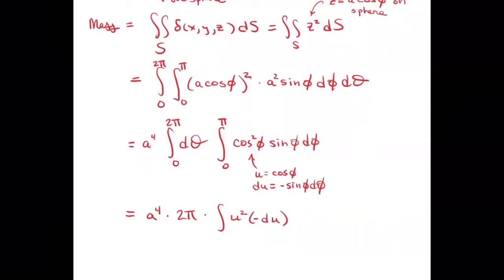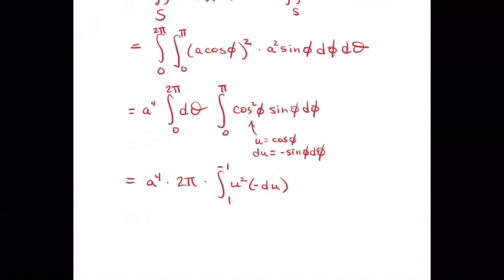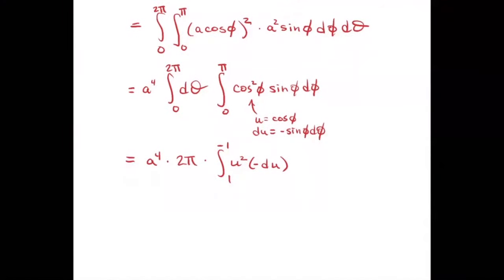So when phi is 0, the cosine of phi is u. So cosine of 0 is 1. And when phi is pi, cosine is negative 1, right? So because those limits are backward, we have a negative differential that corrects that. Okay, so it kind of helps you understand what differentials do. It keeps track of these transformations. This is a transformation that's inverting our region, so the integral comes out negative.